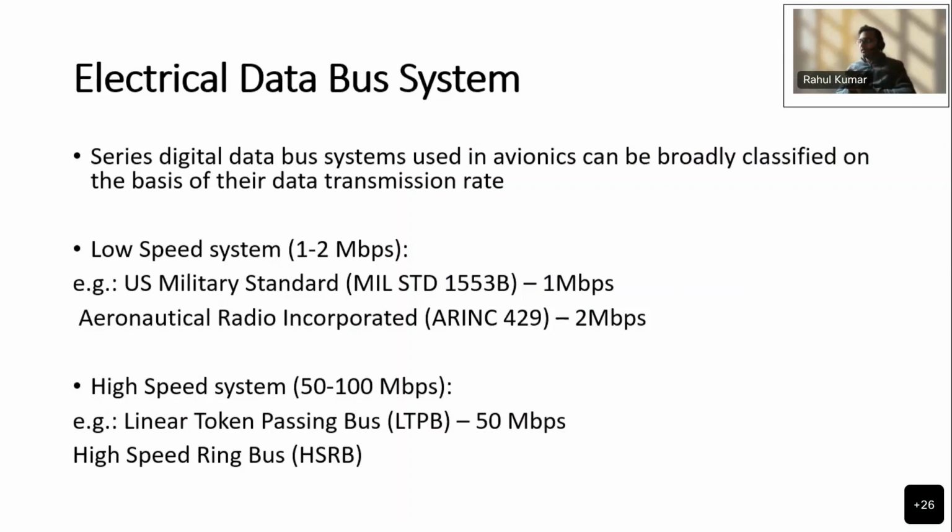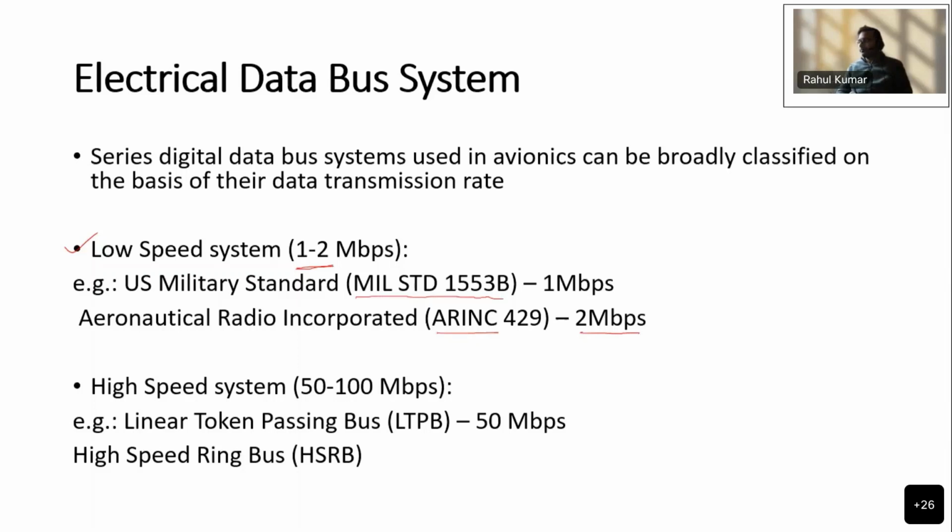So we have the low speed data bus with a typical transmission rate of between 1 and 2 Mbps, and the two most common bus systems are your military standard 1553 and ARINC, or Aeronautical Radio Incorporated, which is a company or an industry, and it has a transmission rate of 2 Mbps.